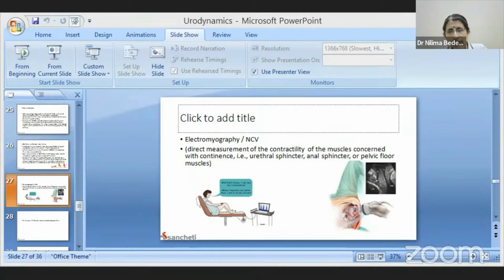How many ml of residual urine post voiding? Or at times, if sonography is not available, they used to insert a catheter and check how much volume is drained into the catheter. So residual is another problem which triggers many things.